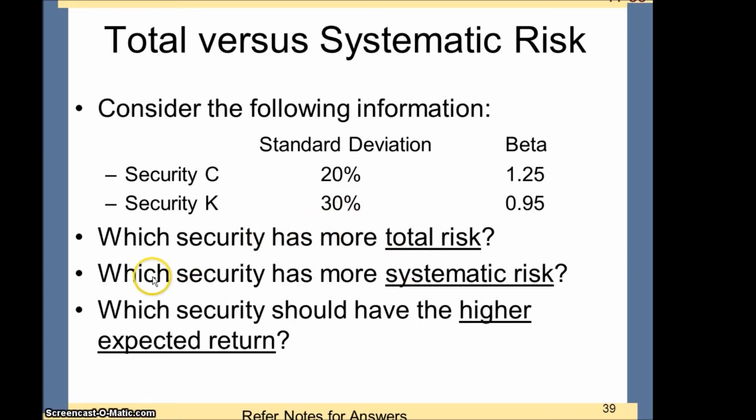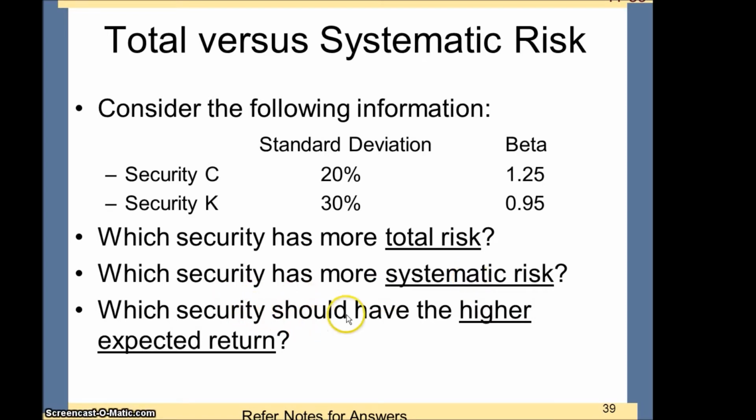Now next question, which stock has more systematic risk? Systematic risk is measured by beta. Alright, beta, so it's a measurement of market risk. So which one has higher beta? That is stock C. So stock C has higher beta, so it has higher systematic risk.